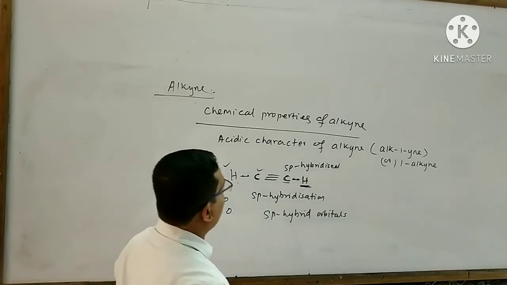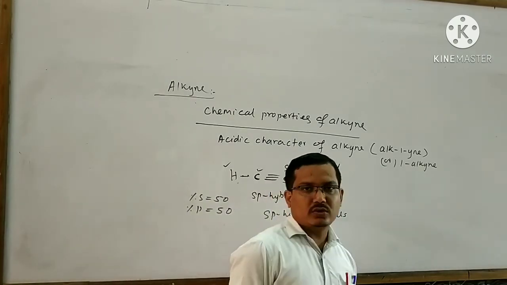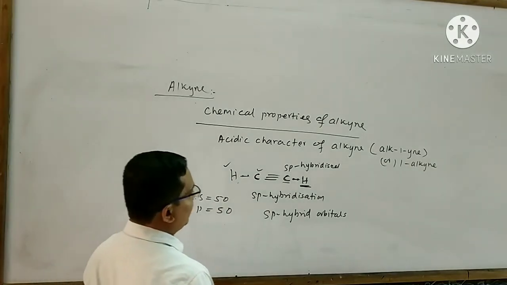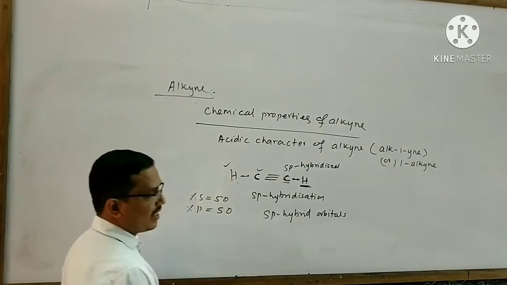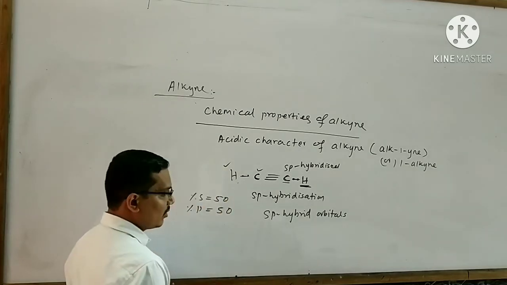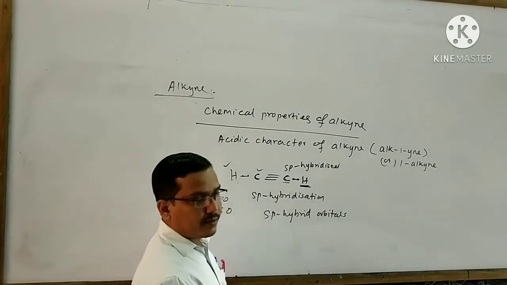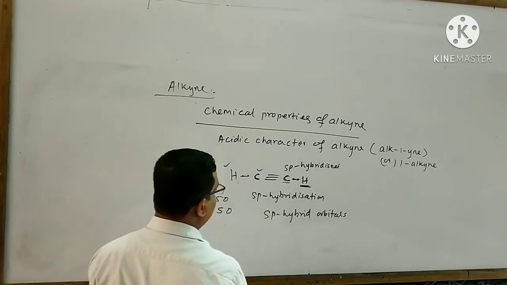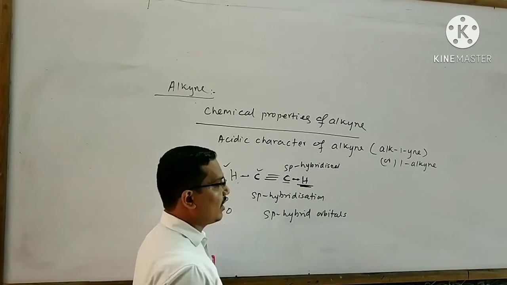That's why the alkyne shows some acidic character, because it loses the H plus ion very easily as compared to alkane and alkene. The chemical properties of alkynes are mainly due to the presence of these acidic hydrogen atoms.